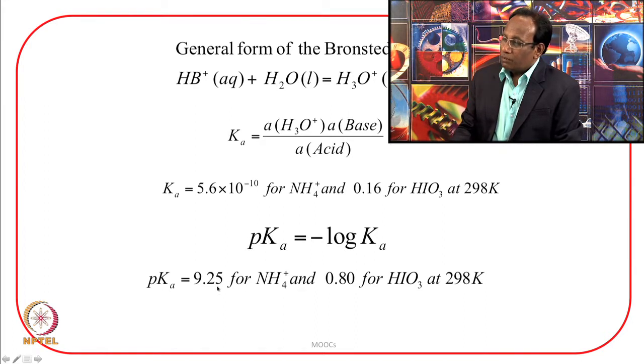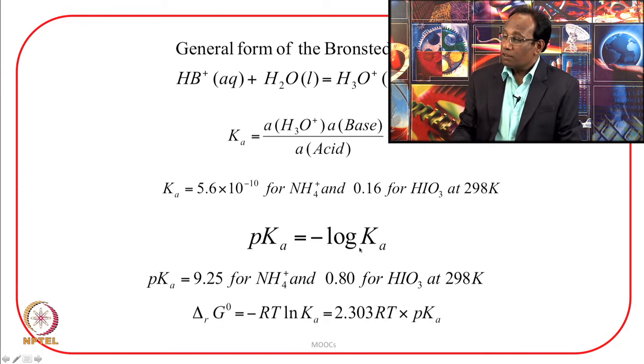So, you see here pKa for HIO3 is very small compared to the pKa for NH4 plus, and that is why the Ka value for HIO3 is very high when you compare it with the Ka value for the ammonium ion. And since Ka is an equilibrium constant, these values can also be manifested in delta G naught.